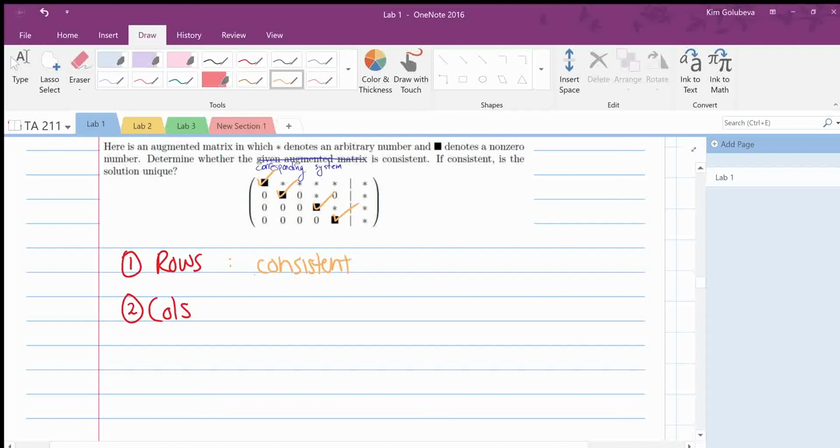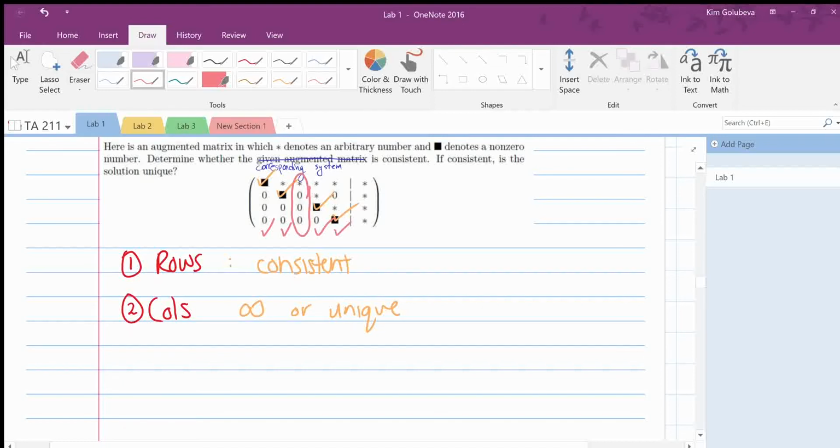Once again, now we're doing the columns to figure out whether it's infinitely many or a unique solution. First column has a leading 1, second column has a leading 1, third column does not have a leading 1, fourth does, and fifth does.